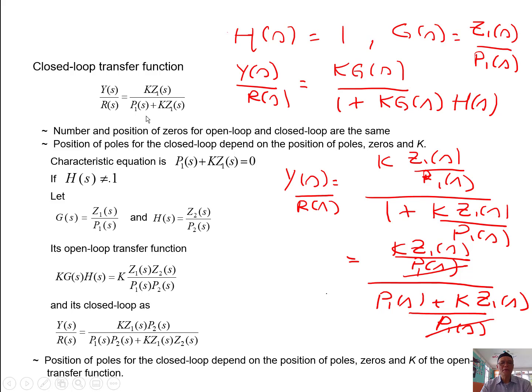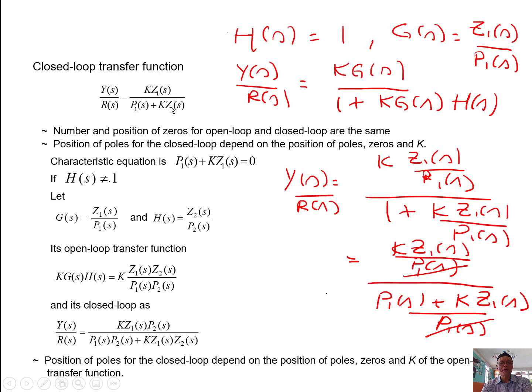So we see that the number of zeros for open loop and closed loop are the same, meaning that for the top you see only the number of zeros, but for the bottom we see that the number of poles will be defined by the P1 here.